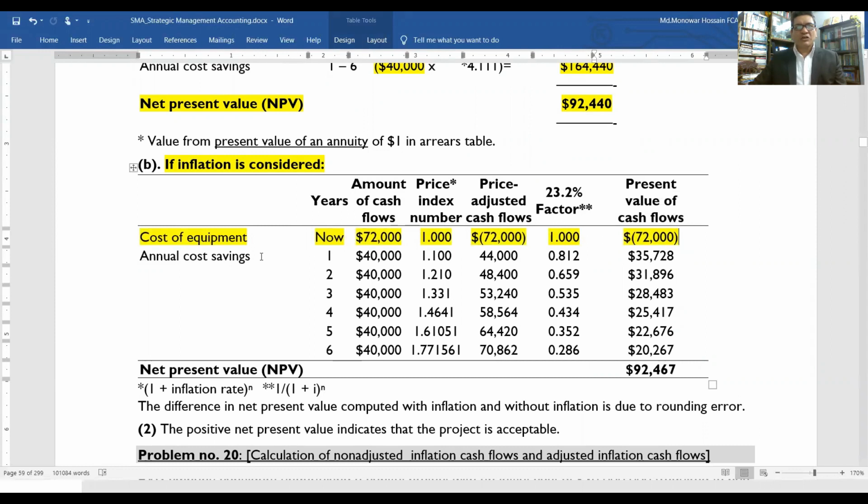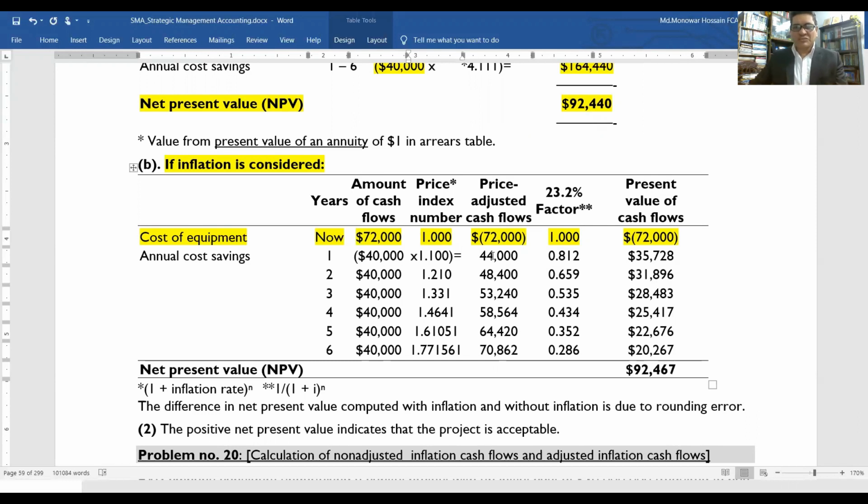In the annual cost saving, the first year is 40,000, and the inflation price index is 1 plus 10% increase, so 1.1. So 40,000 multiplied by 1.1 equals 44,000.